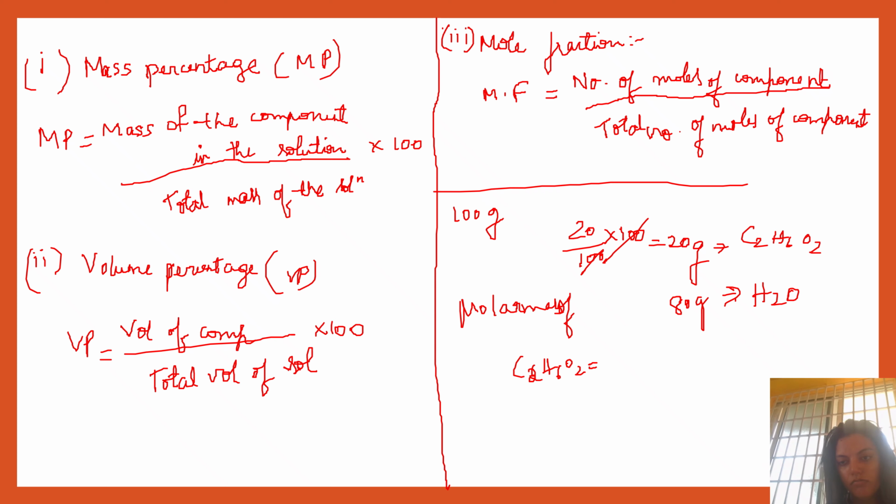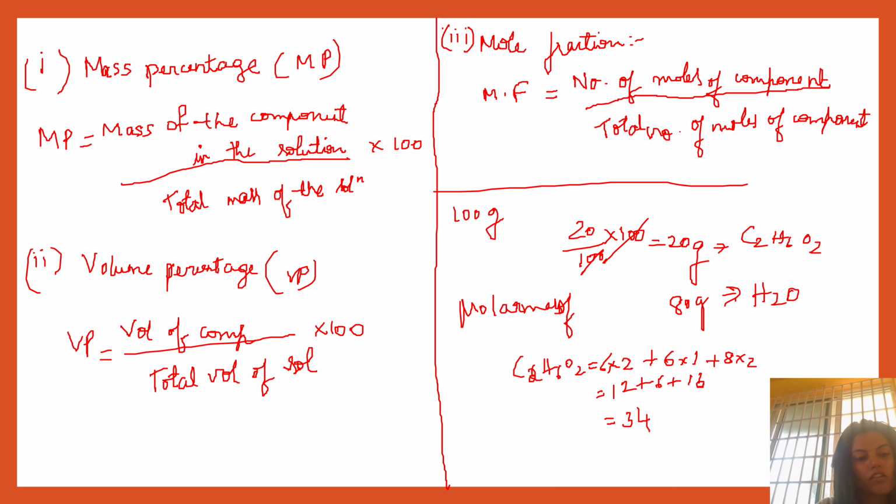That is atomic number. 6 into 2 plus 6 into 1 plus 8 into 2, which gives 12 plus 6 plus 16, that is 34.